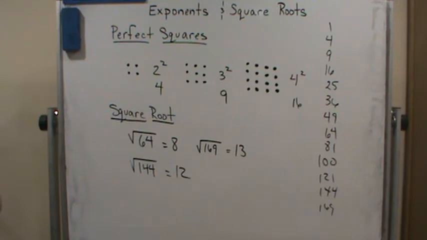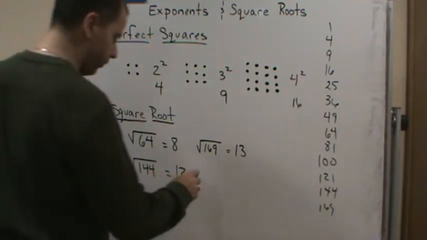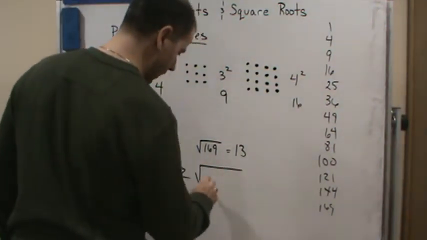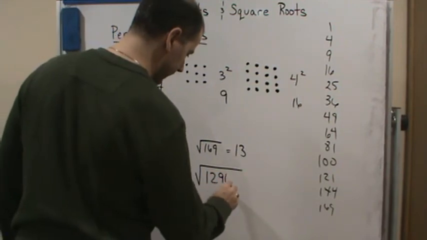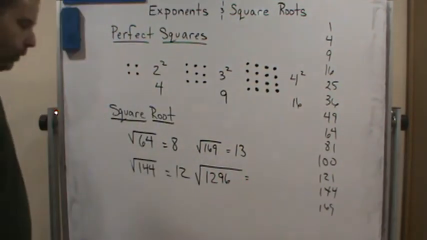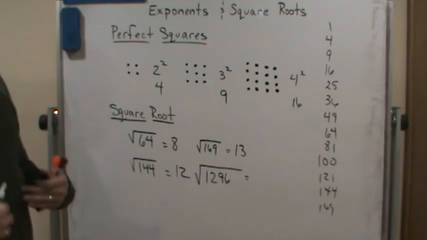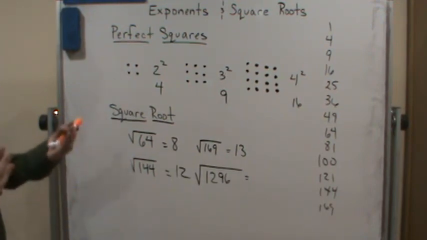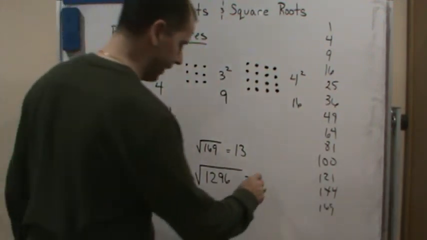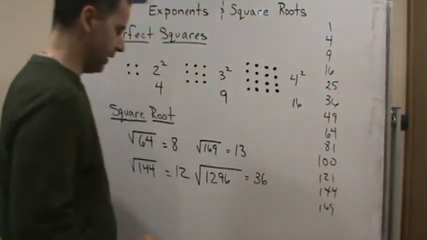And if I want the square root of 1,296, we want to know what number squared will give us 1,296, and that number is 36.